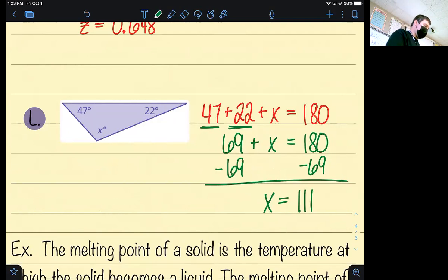If they say find the value of x, I'm okay with just putting 111 degrees. If they ask you to find the measure of x, that's when they're looking for degrees. So it kind of depends on the wording, and we'll focus more on that. We've got a chapter that's not exclusively triangles, so we'll focus on that later. So x is 111. We can just call it that one.